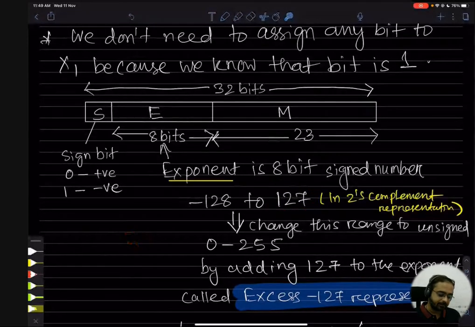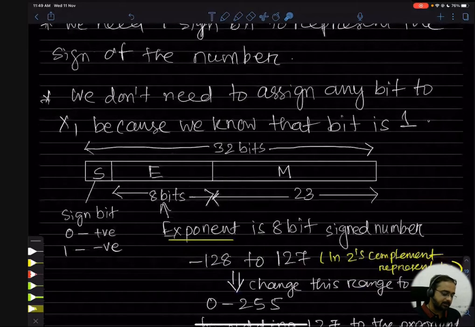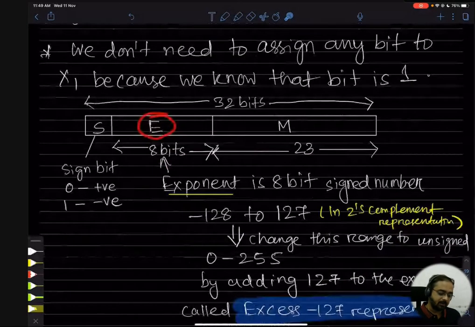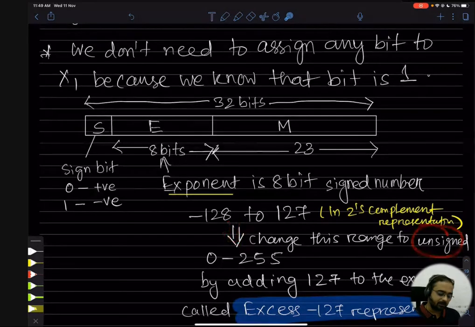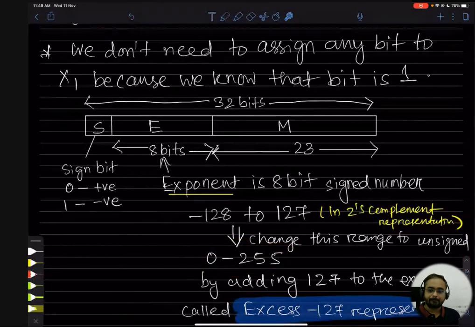In this representation, we will not use the 2's complement method for representing E. Rather, we will convert this number into an unsigned number, that means in the range 0 to 255.